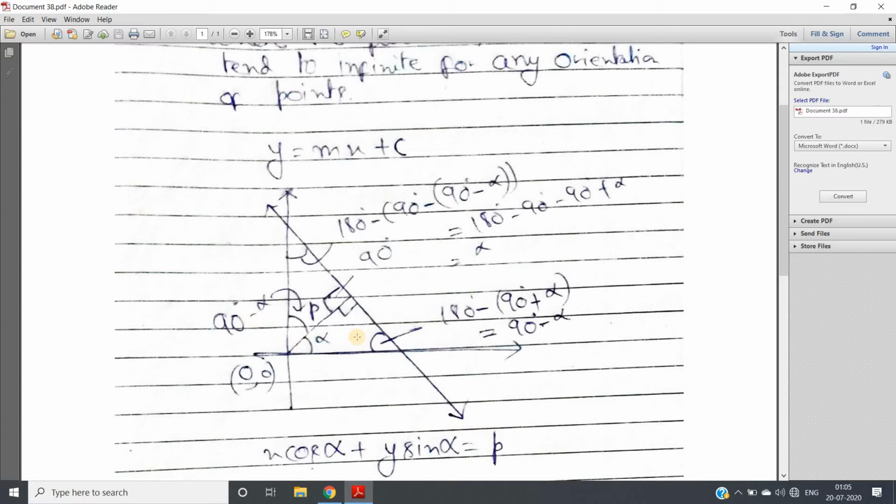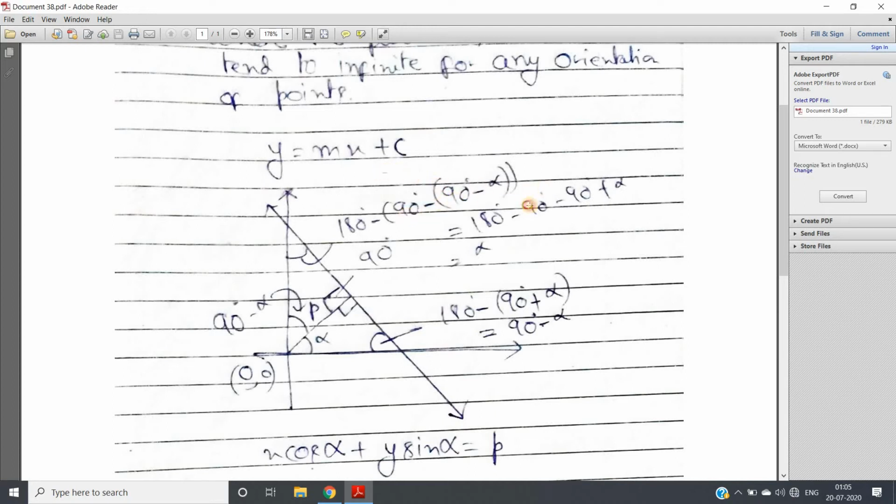So now let us first find out the other angles. This angle is alpha, this angle is 90 degree. If you consider this small triangle, what is this angle? That is nothing but 180 degree minus of 90 degree plus alpha, that is 90 degree minus alpha. What about this angle? This angle is 90 degree minus alpha, this angle is 90 degree, so this angle will be 180 degree minus of 90 degree plus 90 degree minus alpha.